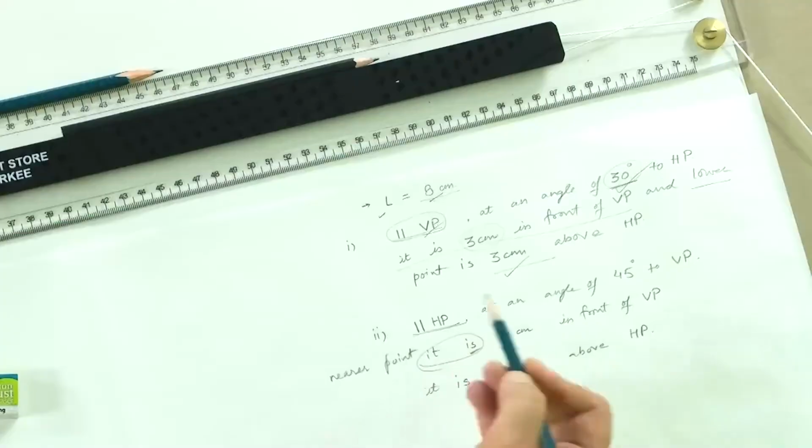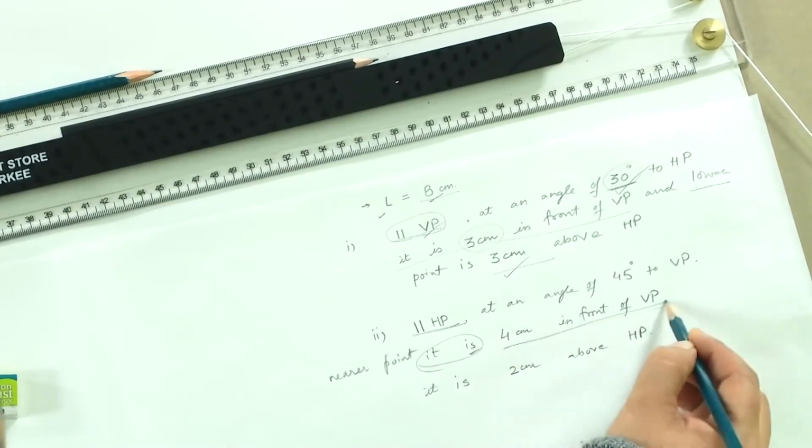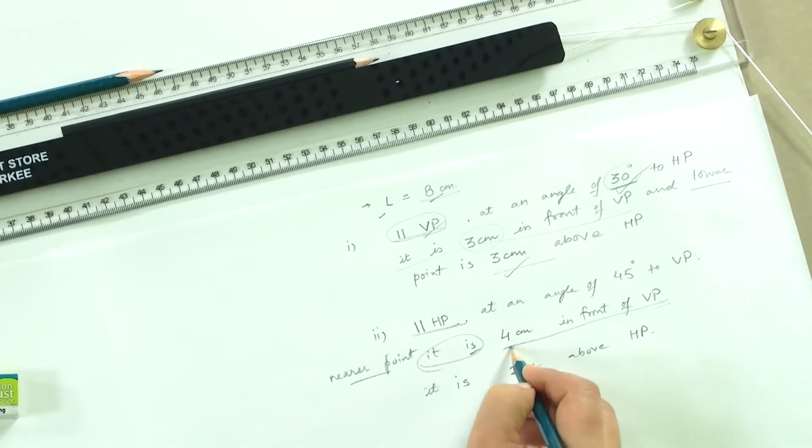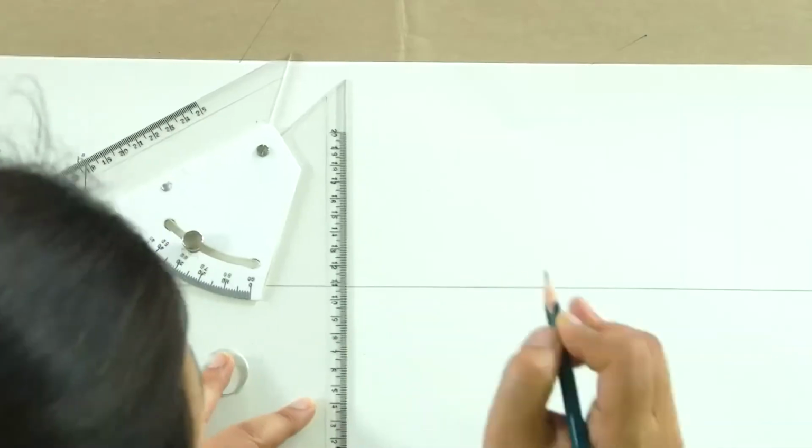Now, we have the XY line. So, where do we start from? We will start from HP, that is the top view, because it is parallel to HP and it is 4 centimeter in front of VP. The nearer point is 4 centimeter in front of VP. So, in this case, we are starting with the top view now. We will draw the line starting from a point which is 4 centimeters in front of VP.